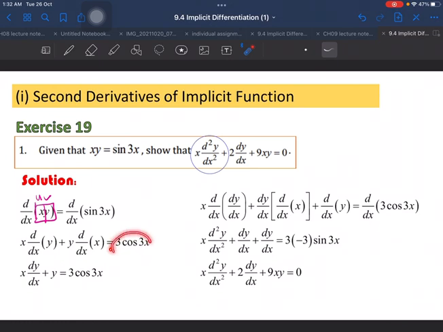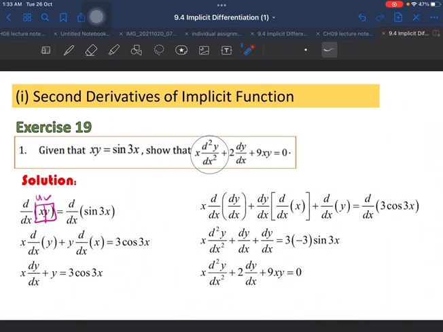And then differentiate sine 3x, we get 3 cos 3x. 3 is from differentiating the angle, class, don't forget. Differentiating the left side, we get x dy over dx plus y equal to 3 cos 3x.